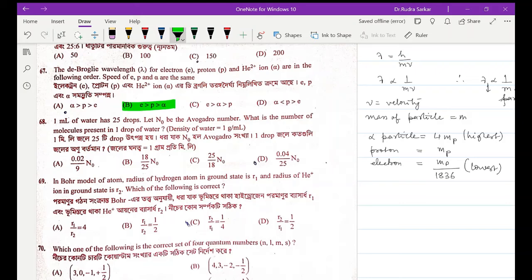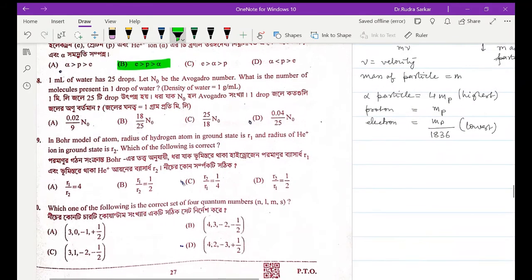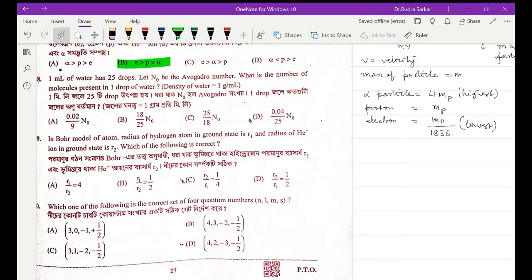Question is given in 68. 1 ml of water has 25 drops. Let N0 be the Avogadro number. What is the number of molecules present in 1 drop of the water? Density of the water is given to be 1 gram per ml.